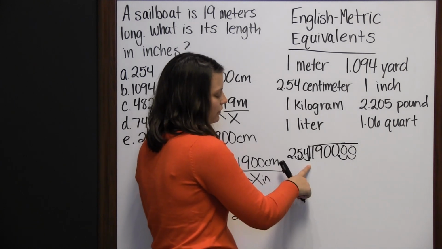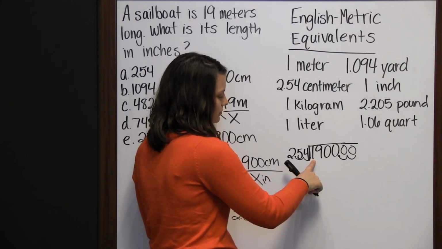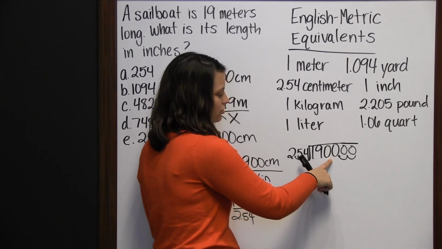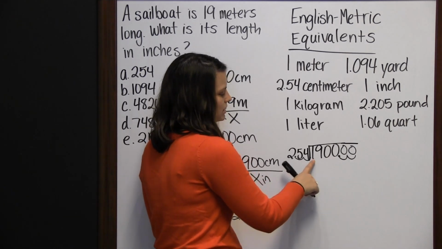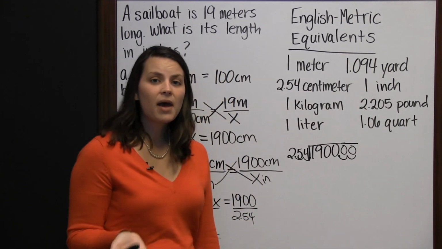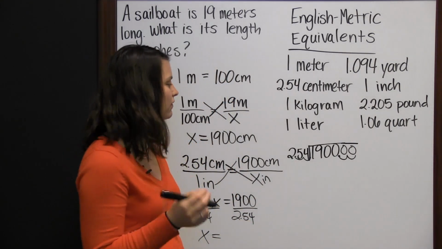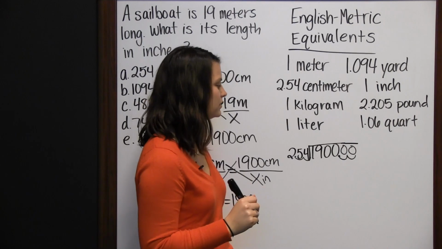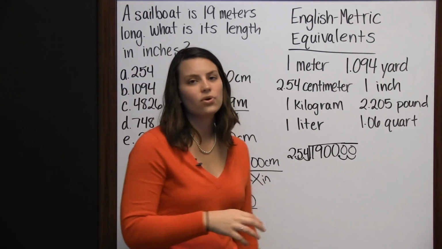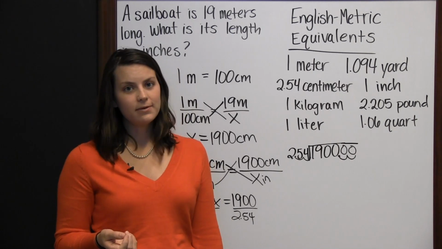So 254 does not go into 1, or into 19, or into 190. But it does go into 1900. And we can use compatible numbers here to get a very quick estimate of how many times it goes into 1900. So 254 is very close to 250.